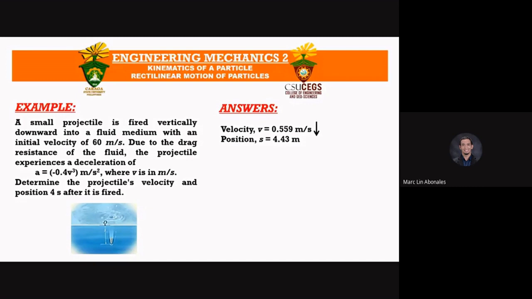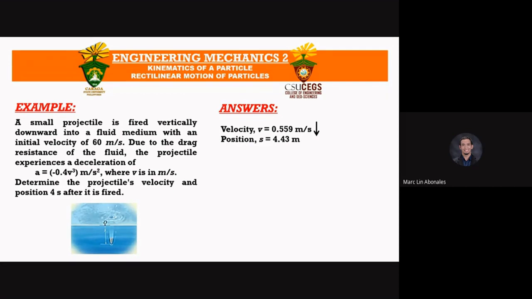We need to determine the projectile's velocity and position 4 seconds after it is fired. As shown here, the answers are: the velocity is 0.559 meters per second downward, and the position is 4.43 meters.